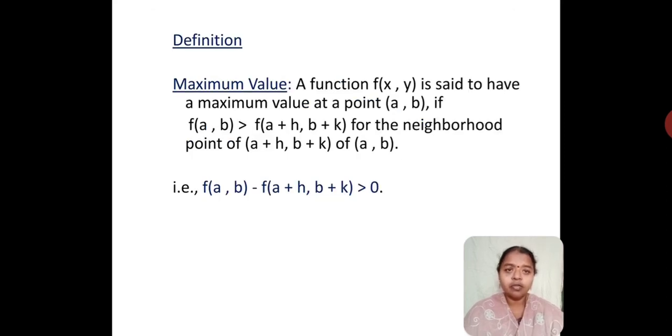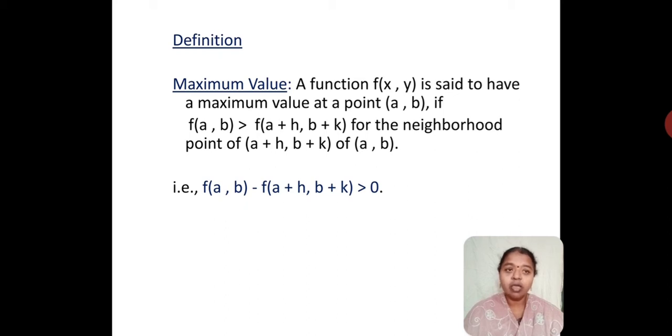The first definition which we are going to study today is known as maximum value. Since it is with respect to two variables, the two variables which we would be considering are x and y. So let's learn the definition now.